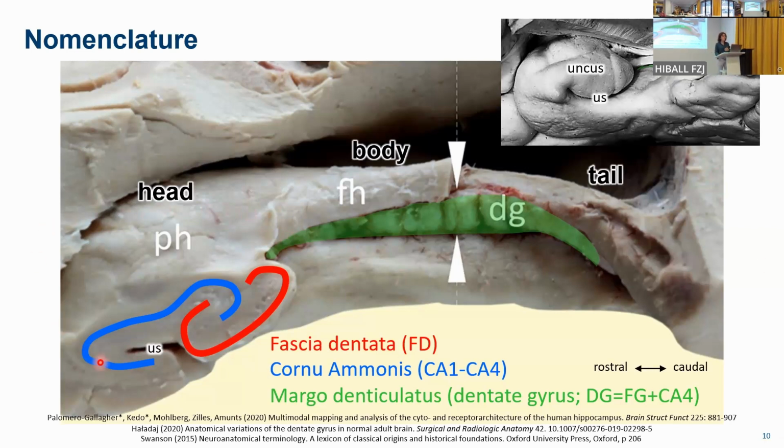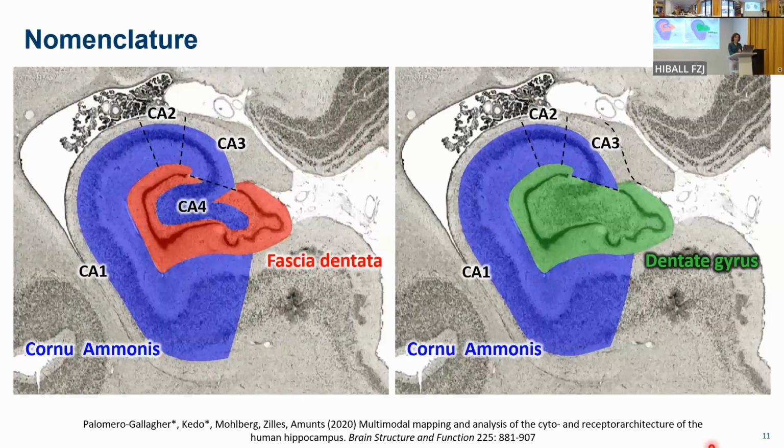The most rostral portion of the hippocampus, where the pes hippocampi are located, is what we call the hippocampal head. Then the central third is what we call the hippocampal body, and the caudal third is what we call the hippocampal tail.